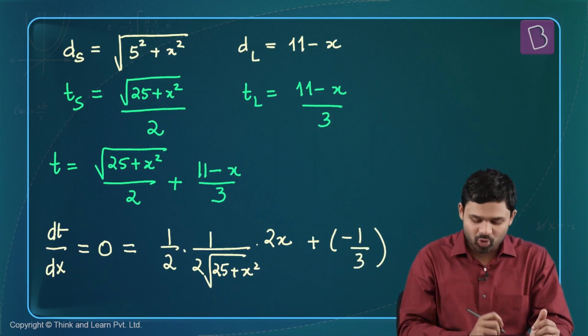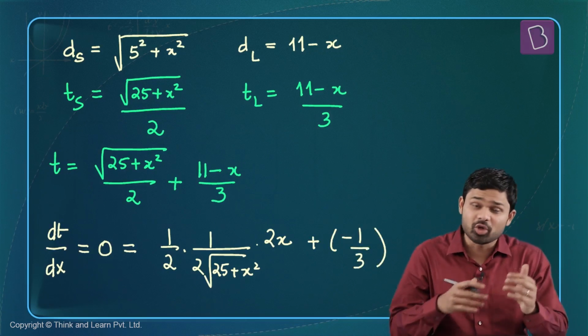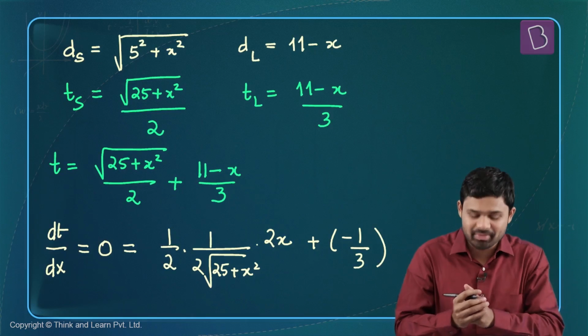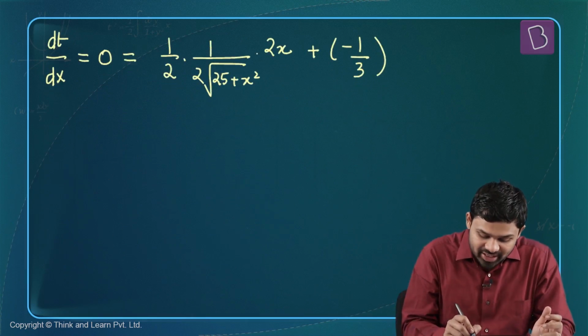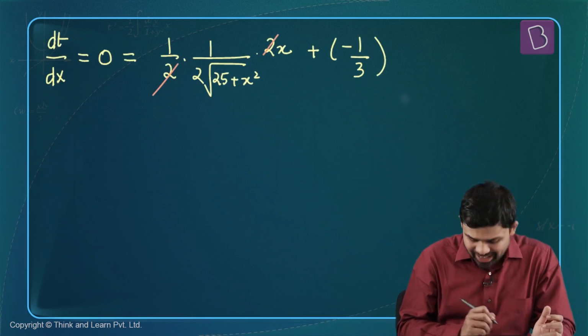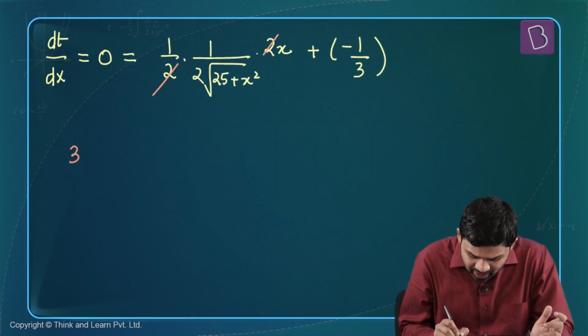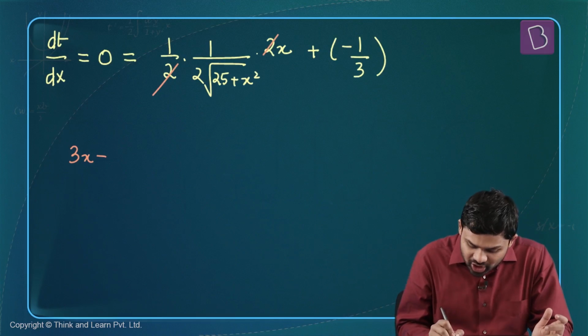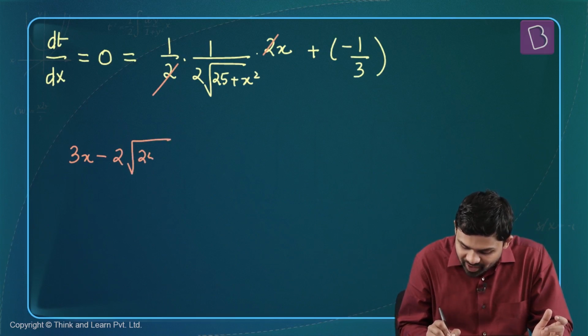Now all this is equal to 0. You cross multiply to take a least common multiple, and you will find out that the 2's cancel out, so this is going to be nothing but 3x minus 2 times under root of 25 plus x square equal to 0.